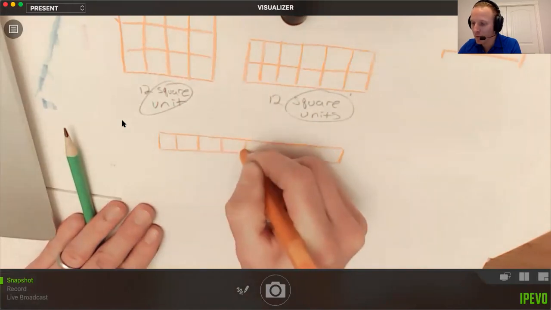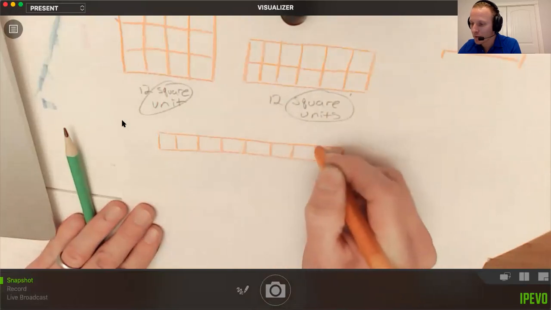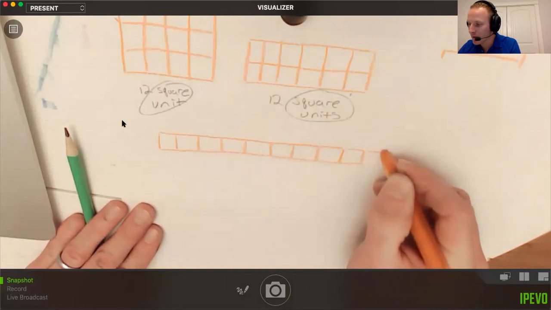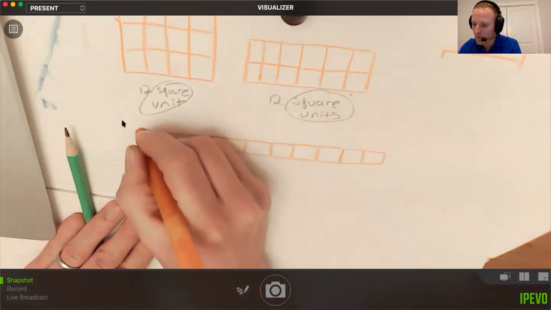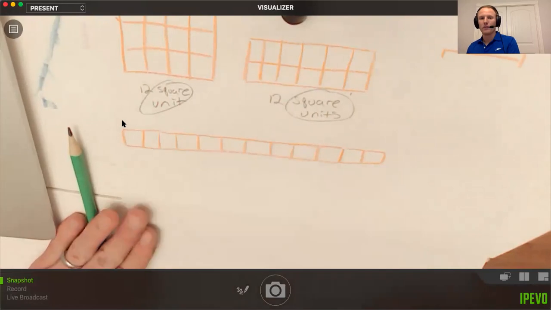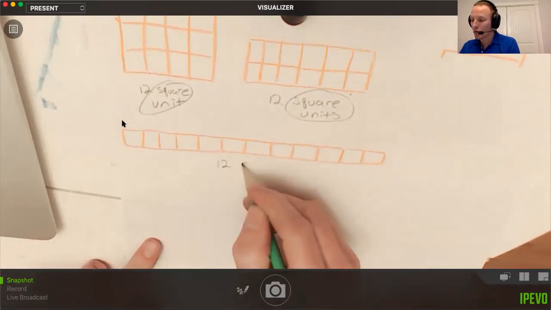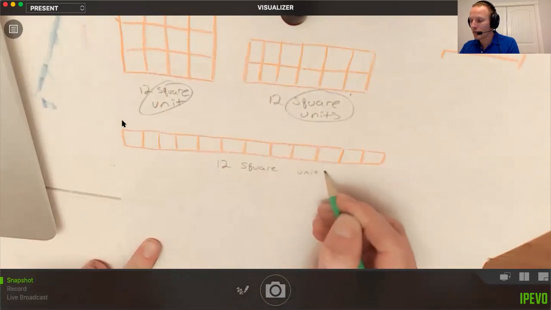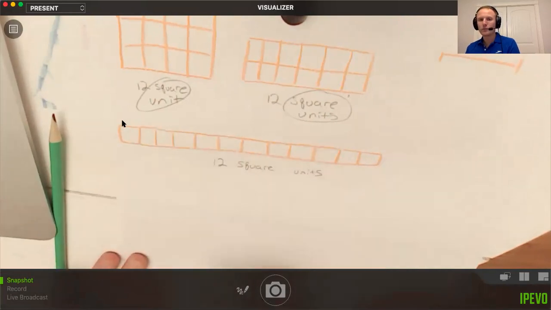I'm going to be way off. 4, 5, 6, 7, 8, 9, 10, 11, 12. Okay, so this is also 12 square units. Right? I have 12 squares in there.